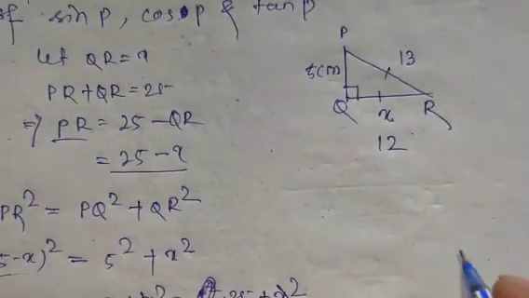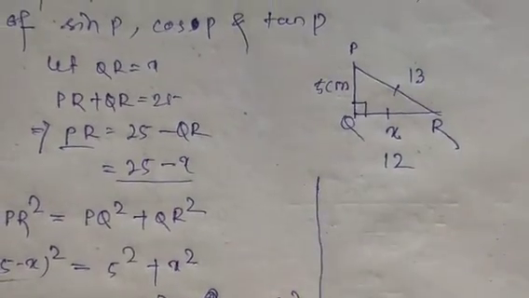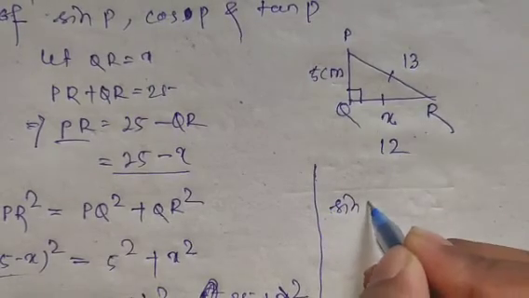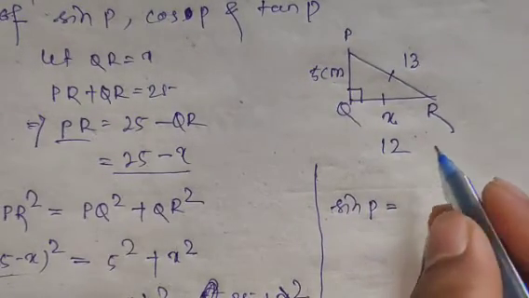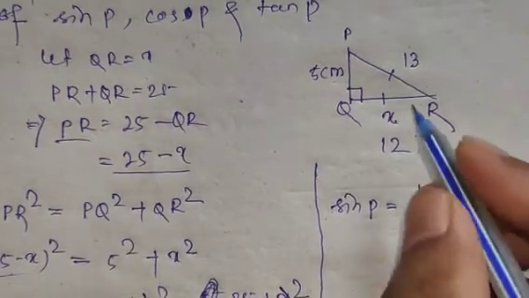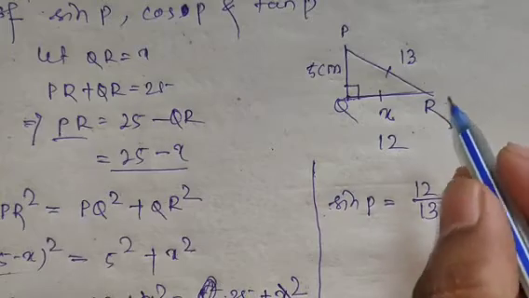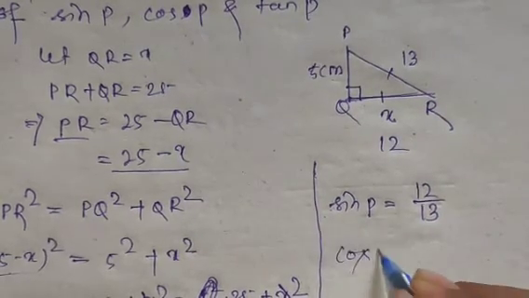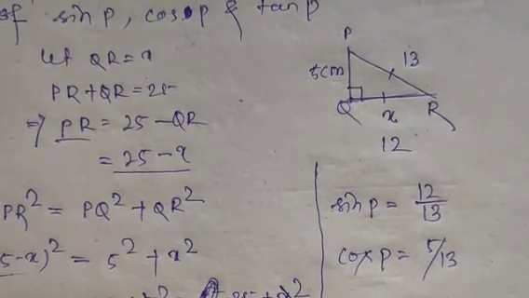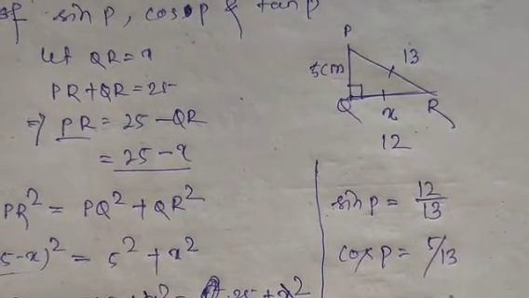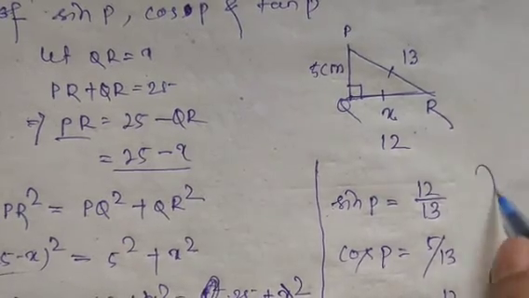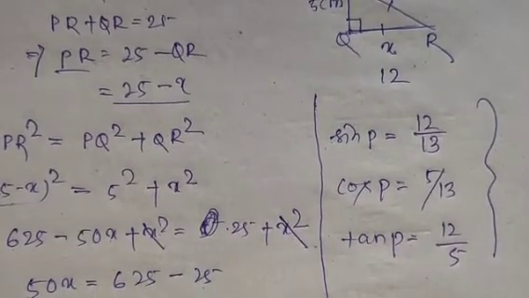From here we can easily evaluate sin P. So sin P will be 12 by 13, P by H. So cos P will be 5 by 13, and tan P will be 12 by 5. So this will be your answer of your 3 questions, right?